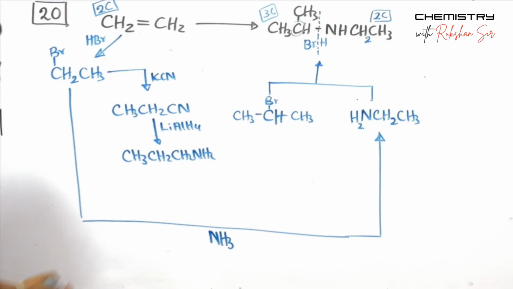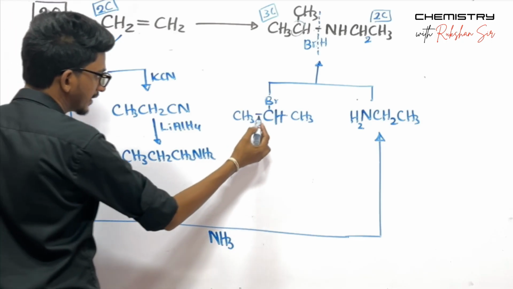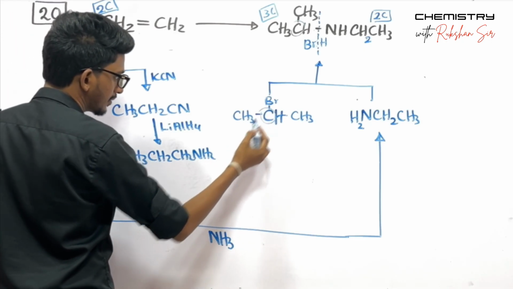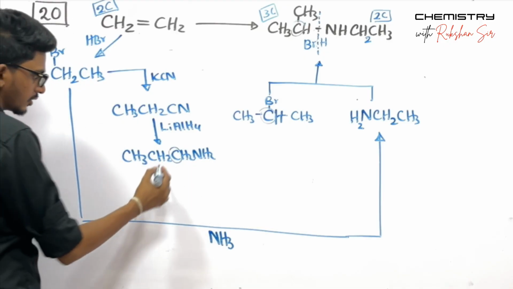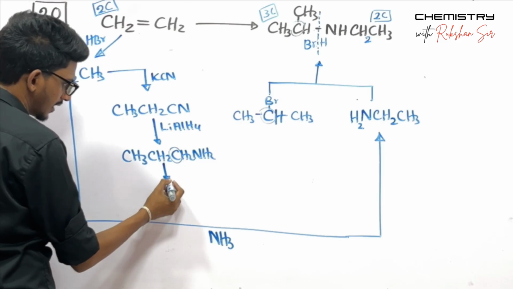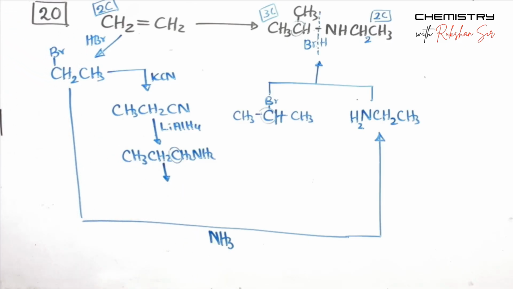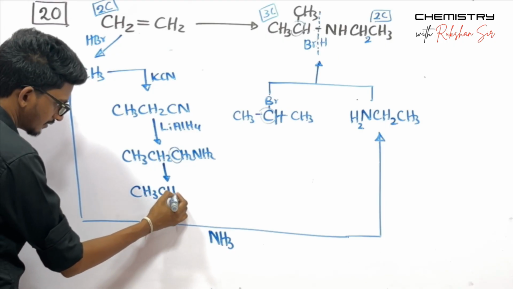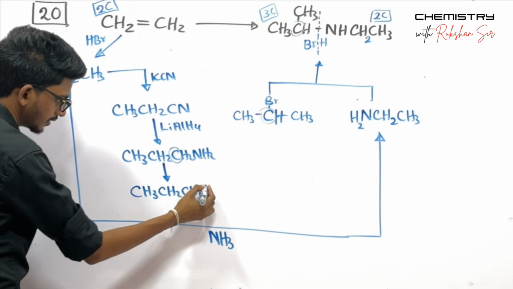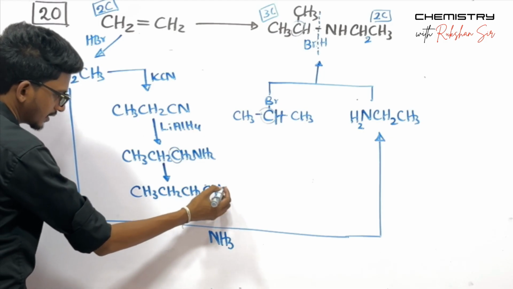Now we need to bring the functionality to the center carbon. Still our functionality is at the corner carbon. Bringing the functionality to the center carbon can be done with the HBr method or the H2O method. To do that, first you need to convert this into OH or a Br.